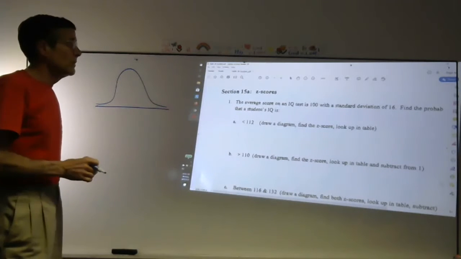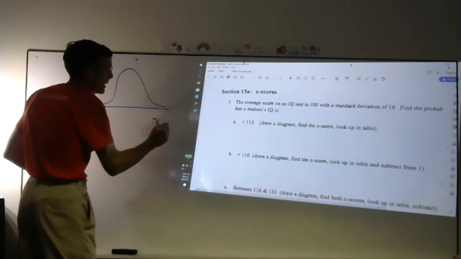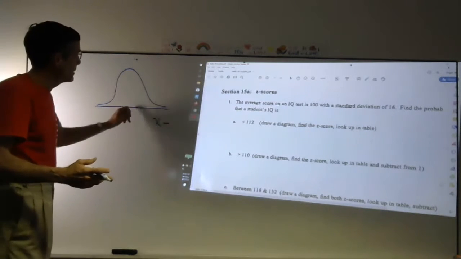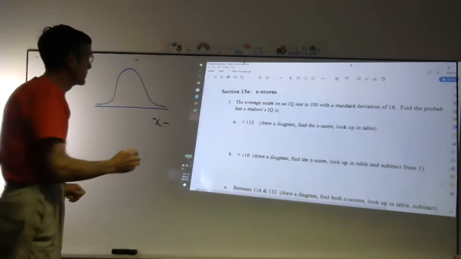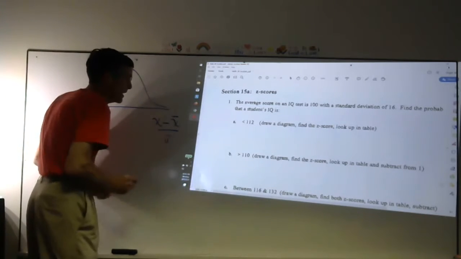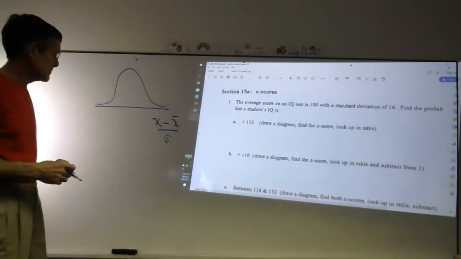And the way you would do that is you would take the particular data item, okay, minus the mean. You want to find the distance between the data item and the mean, all right? So minus the mean all over the standard deviation, which we're going to represent by that symbol, okay?